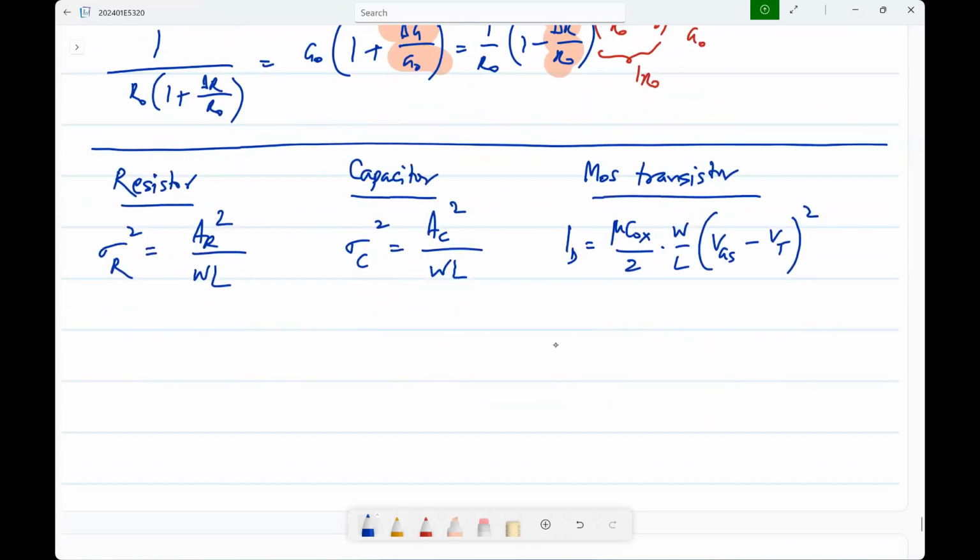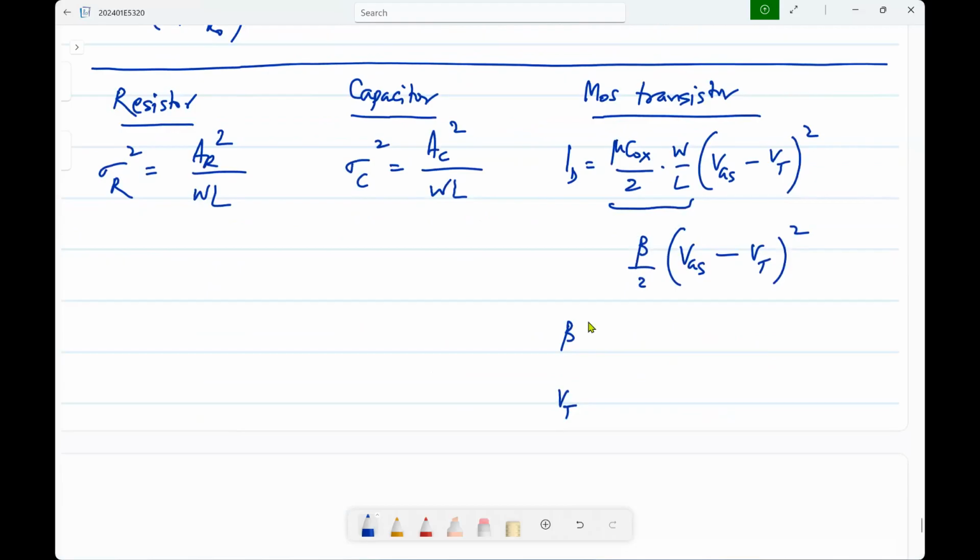This whole thing, mu C_ox W by L, is called the current factor, and you write it as beta by 2 times (VGS minus VT) square. So there are 2 parameters, beta and the threshold voltage VT. The third parameter is gamma, which appears in the expression for VT with body effect. That also varies in the same way, but we won't use it for hand calculation, so let's not worry about it.